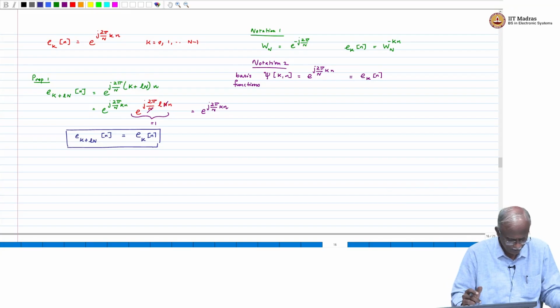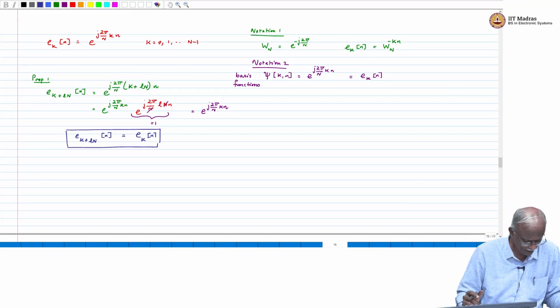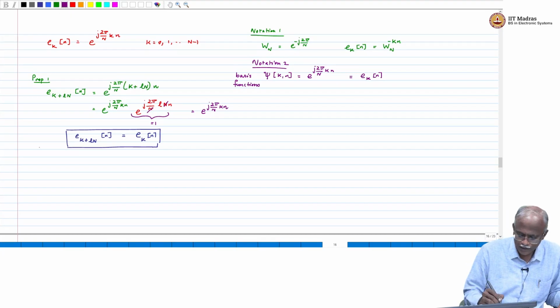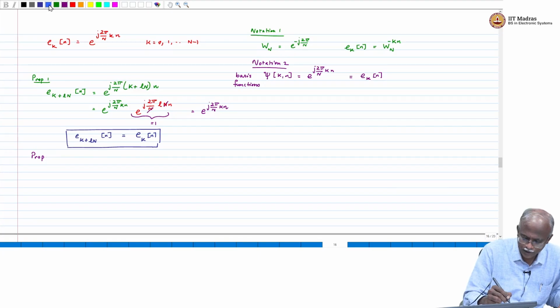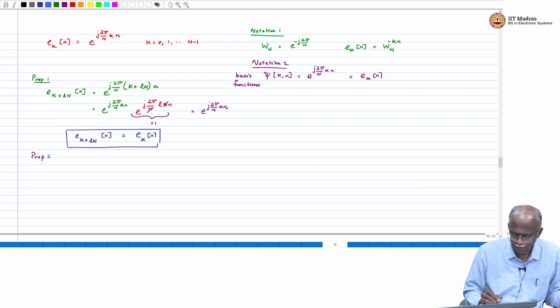There are only a finite number of these functions. The second aspect is a very important property. It is the property of orthogonality between these sinusoid basis functions. Property number 2.